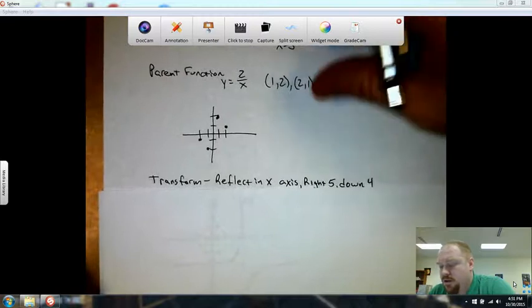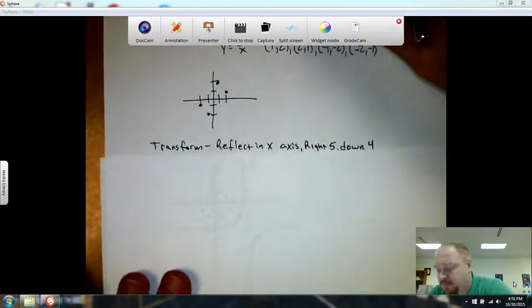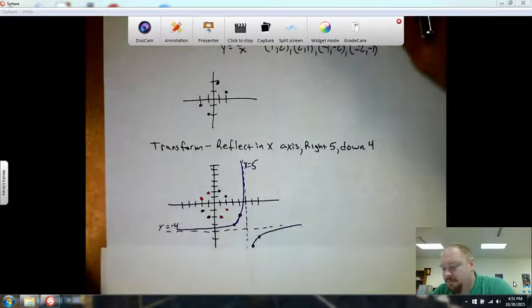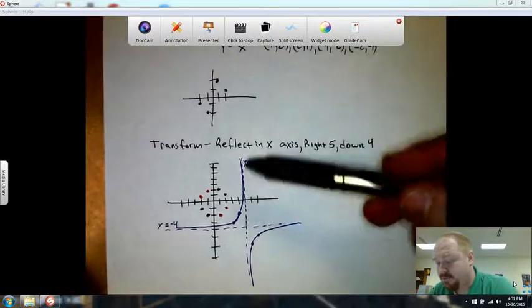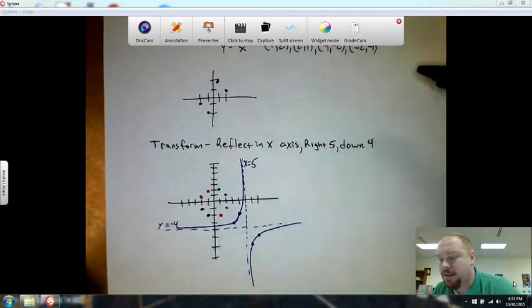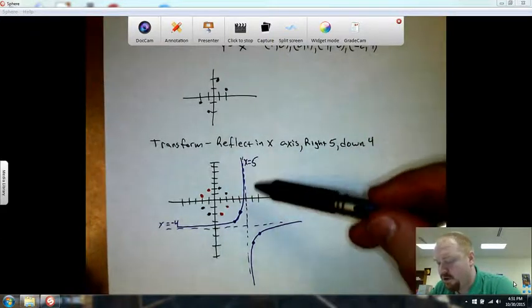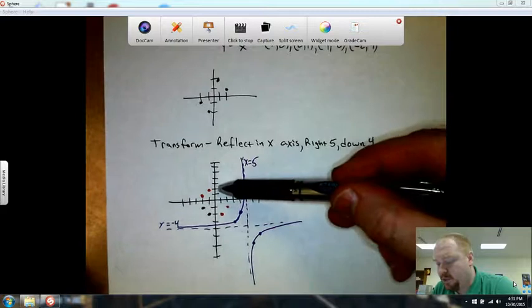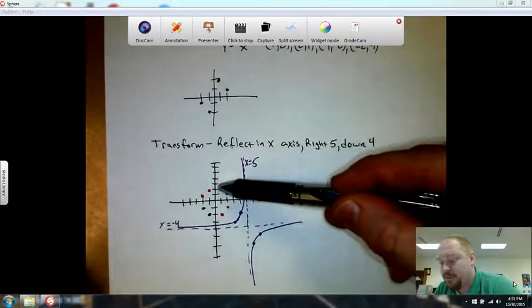So I started off by replotting my pilot points again. And then in red, I reflected in the x-axis. And I have to do that because a was negative. So I just took these black points and, reflecting in the x-axis, I counted to it and then counted past it.